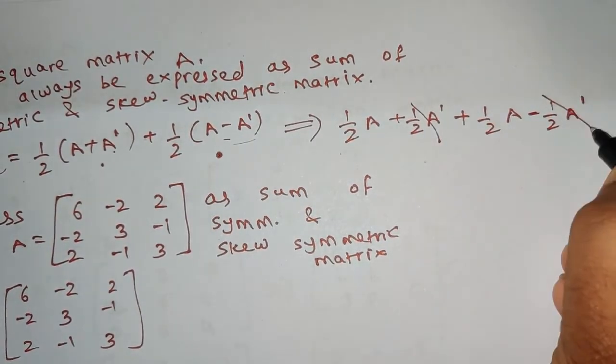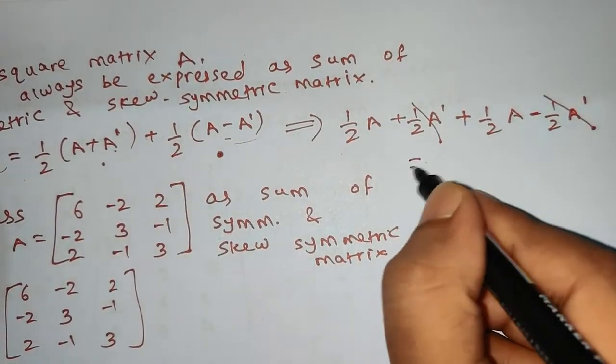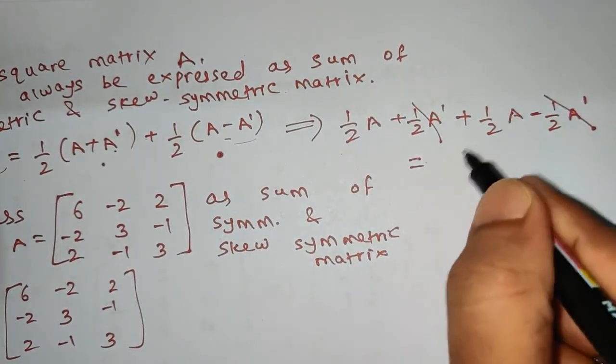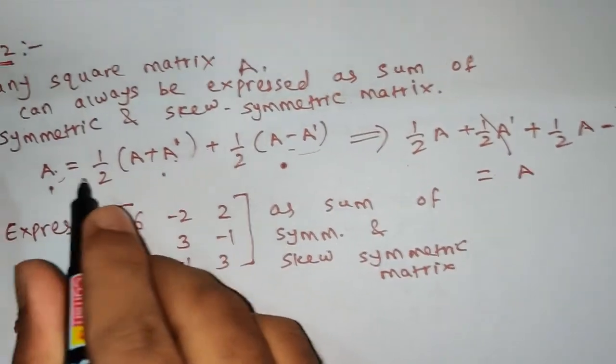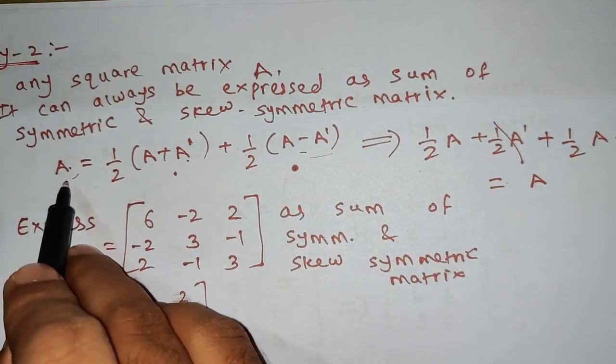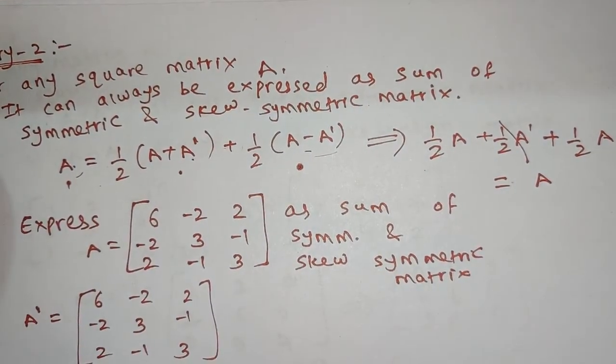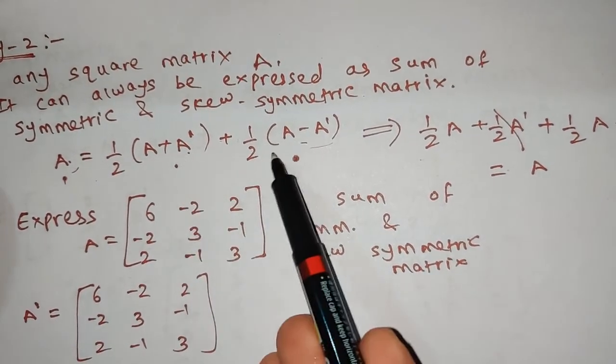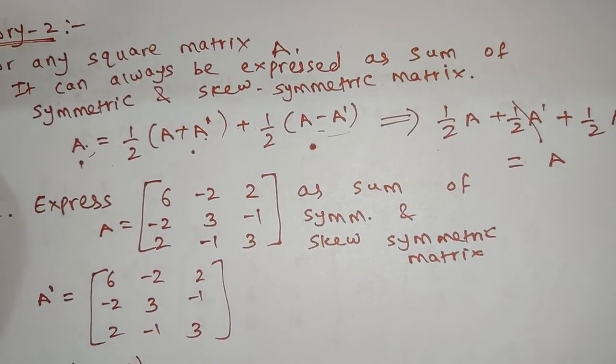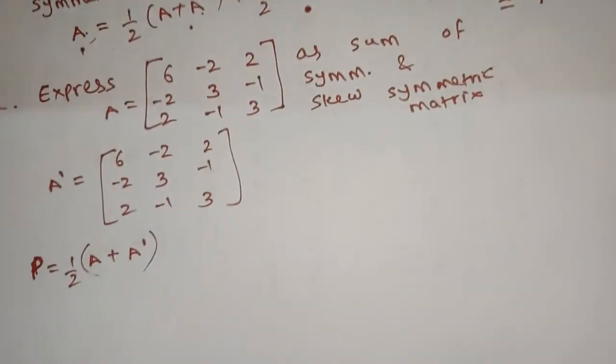The half A transpose terms cancel each other, and half of A and half of A become A, which is exactly equal to the given A. That is how we can equate the symmetric and skew symmetric matrices to the given matrix. Let's move forward.